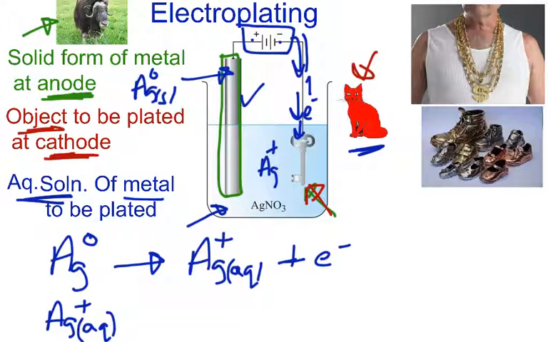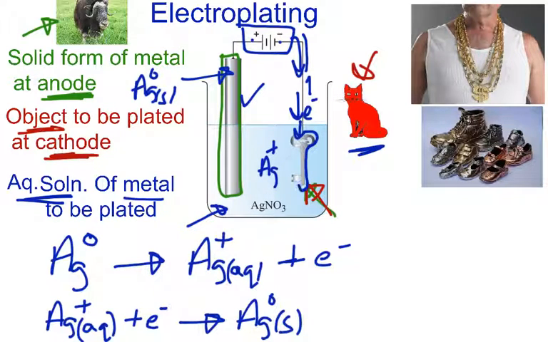Reduction takes place, so an electron is gained, and it forms Ag0 solid. And that Ag0 solid, once again, doesn't go into outer space. It sticks to the key, covers it and plates it, and there you go. You just covered your key or whatever object in whatever metal you want to.